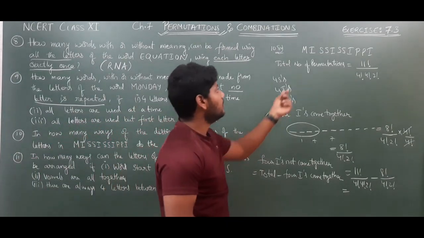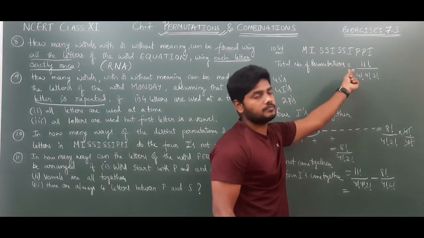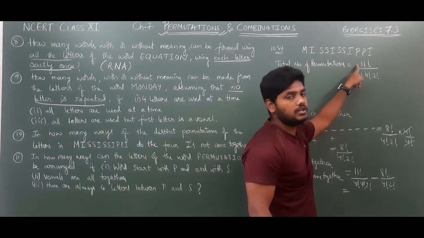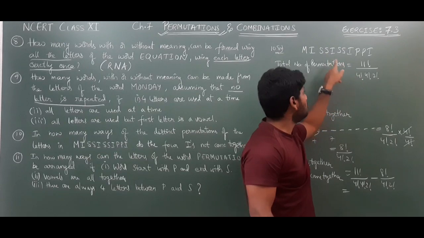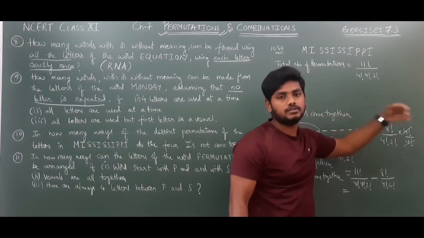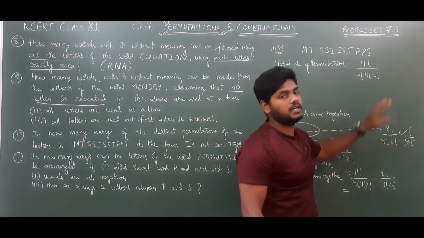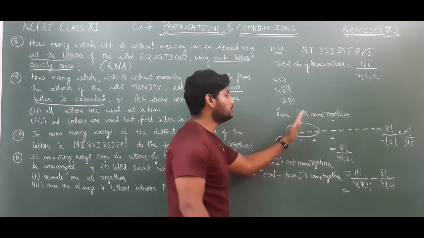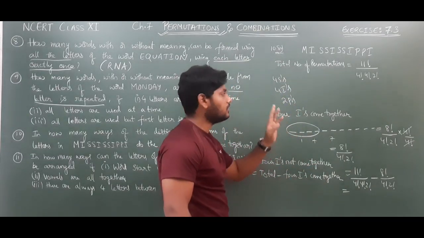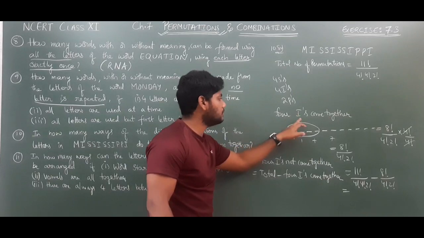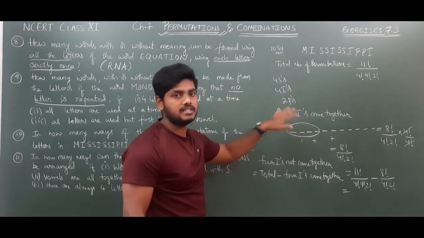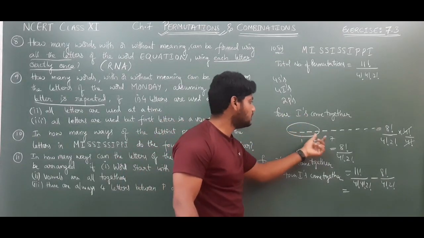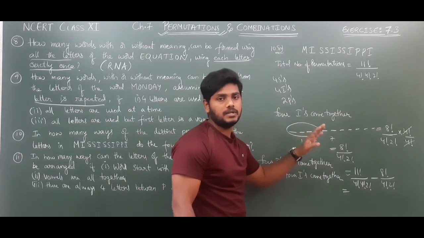Remember one thing: whenever we have repeated letters, it is total number of letters factorial divided by as many factorials as there are repeated letters, multiplied. When it comes to come together, for example if they say 4 I's come together, 4 places we consider as 1 unit plus the remaining 8.